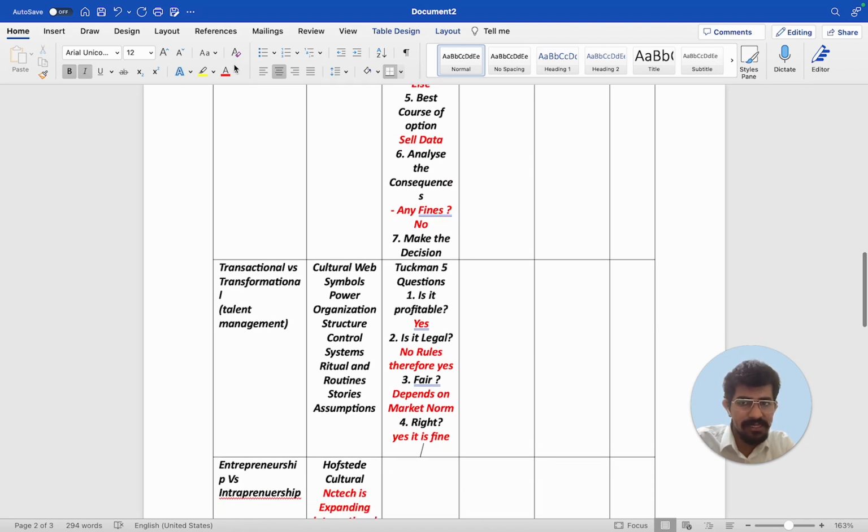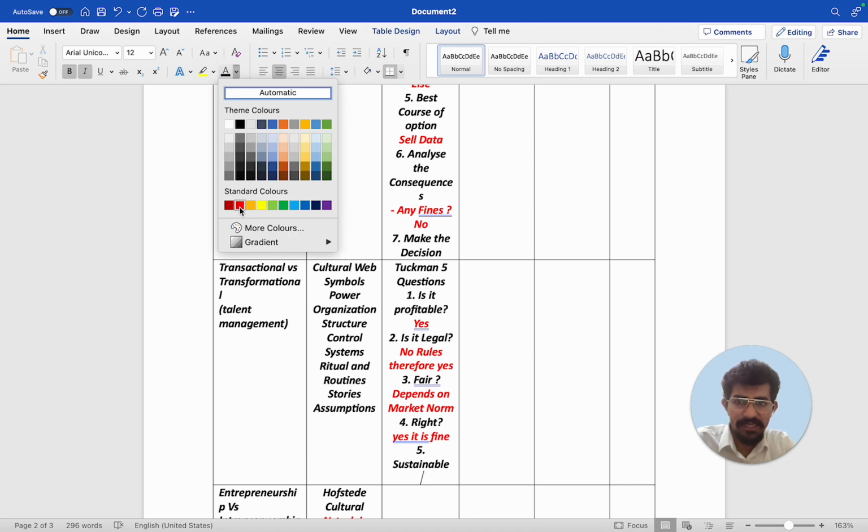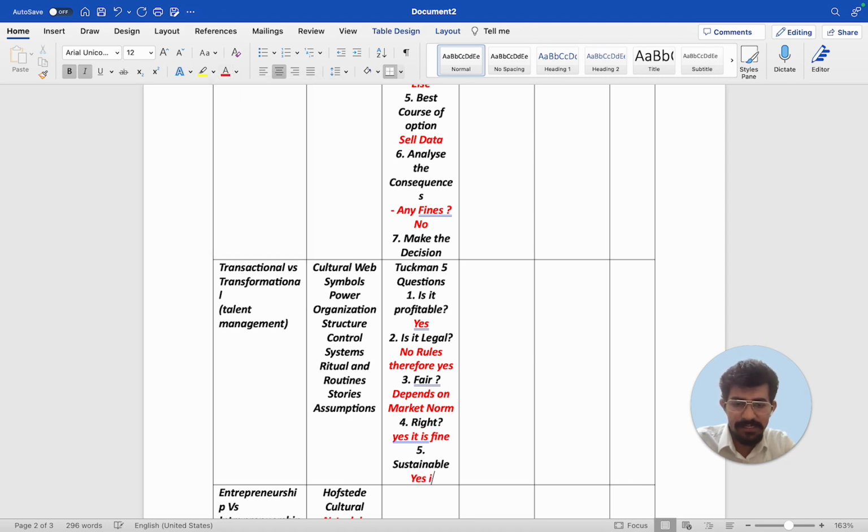And the last one is: is it sustainable? Whether this is a sustainable decision. The answer can be, once again, students, yes, it is. Again, these questions on Tuckman are purely based on the exhibit. So don't memorize it, but these models will help you to structure the answer if needed.